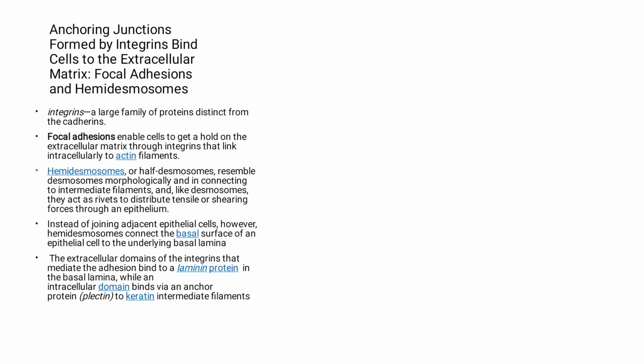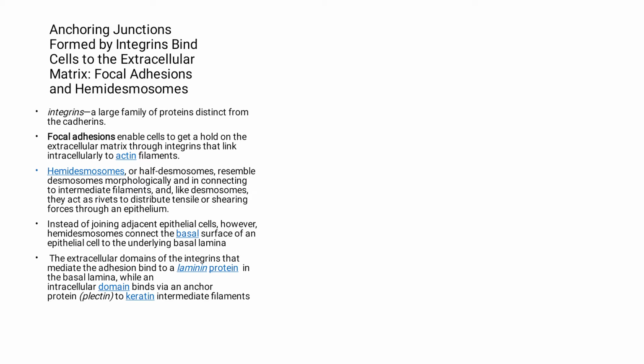So, anchoring junctions formed by integrins bind cells to the extracellular matrix: focal adhesions and hemidesmosomes. Some anchoring junctions bind cells to the extracellular matrix rather than to other cells. The transmembrane adhesion proteins in these cell-matrix junctions are integrins.